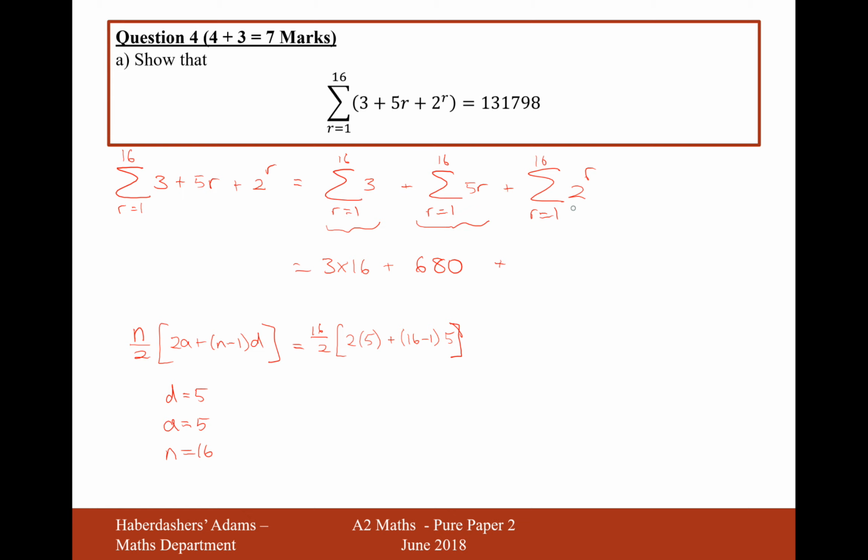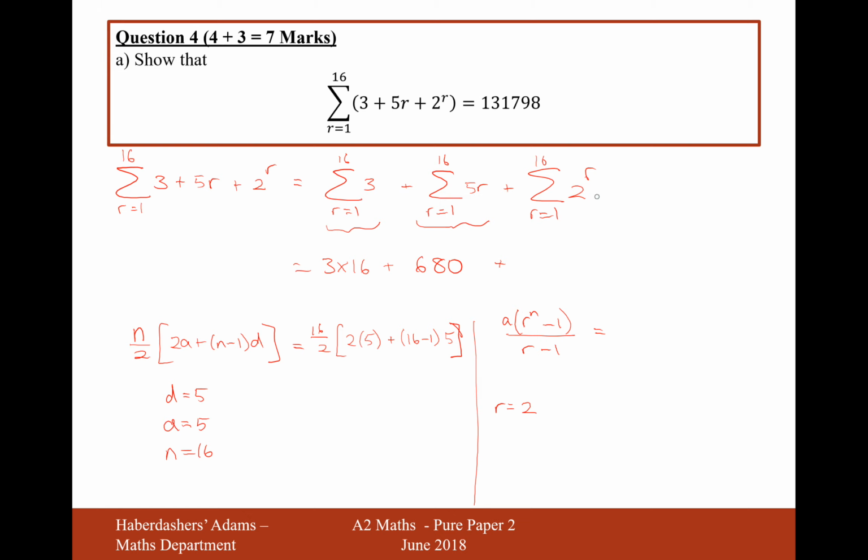And for the last one, it's the powers of 2 up to the 16th power of 2. Now we have the summation formula of a geometric series, which is a bracket r to the power of n minus 1 over r minus 1. So the ratio between the terms as we go from one to the other is 2.